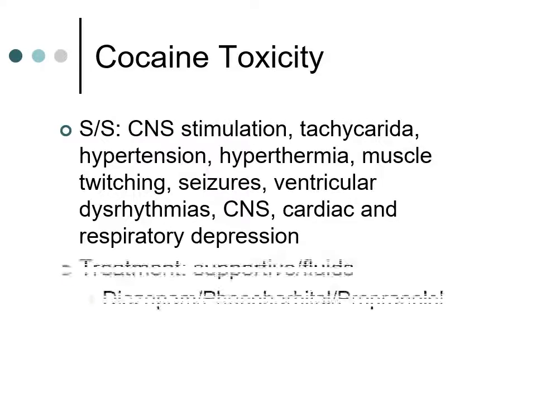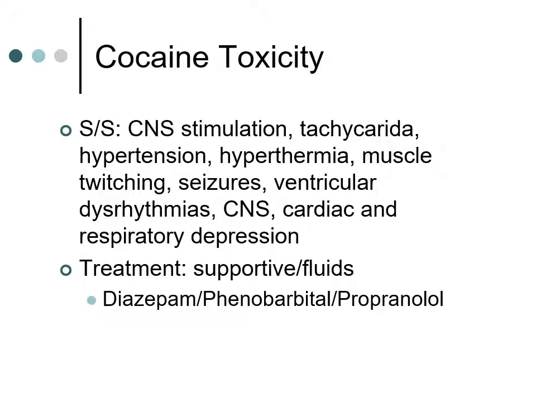I think as long as you give a beta blocker plus an antihypertensive, like a nitroglycerin or a nicardipine, nitroprusside, anything like that, to get a balanced effect on both the blood vessels and the heart rate, that can be a good combination. Typically, though, you don't need to treat the hypertension or tachycardia just by giving them benzos and fluids. That's usually enough to get them to calm down and will bring the vitals down as well.